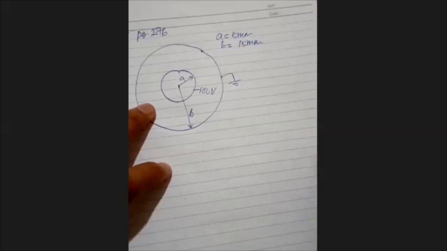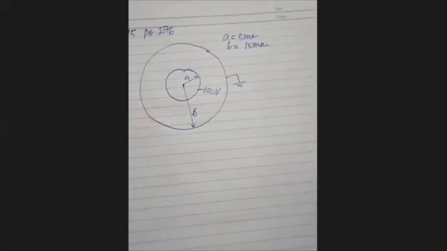Again, for this case, do we have any rho v given in the equation? I don't think so. So you see the inner and outer radius as such, V at 5 mm is 100, and V at 15 mm is 0 volt, and calculate E, V, and rho S on each plate.